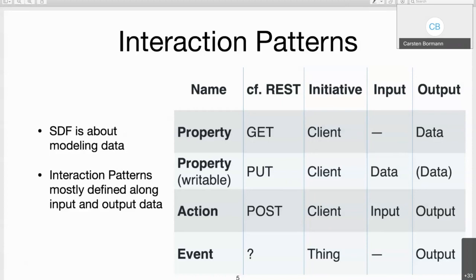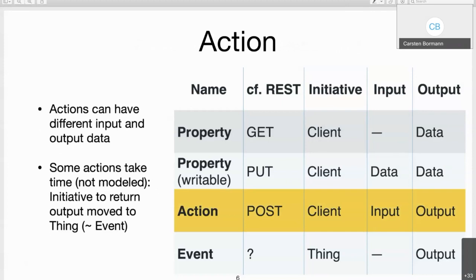So let's talk about those patterns in a little bit more detail. The action pattern is, in some ecosystems, the only thing you have. You can send a command to something and you get a response, and whether that was a property write or an actual action in our sense here, that's not modeled.